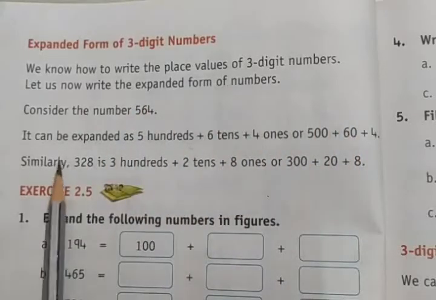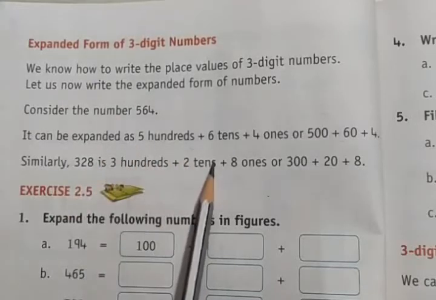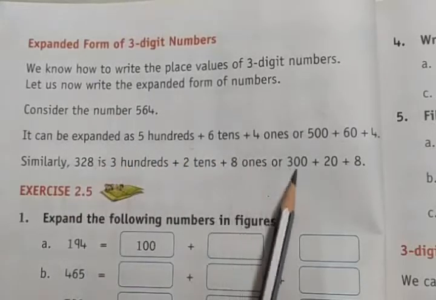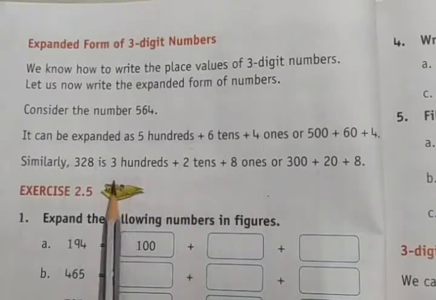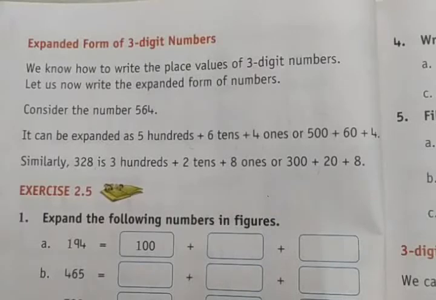Similarly 328 is 3 hundreds, 2 tens, 8 ones, or 300 plus 20 plus 8. Right? So like this we can make an expansion of the given numbers.